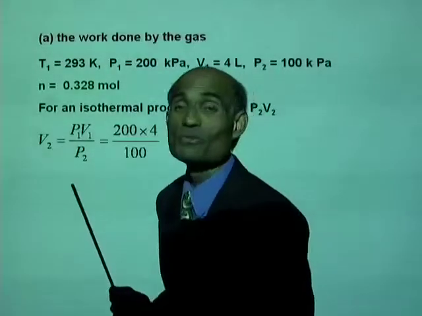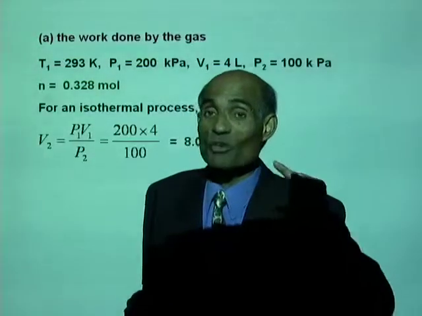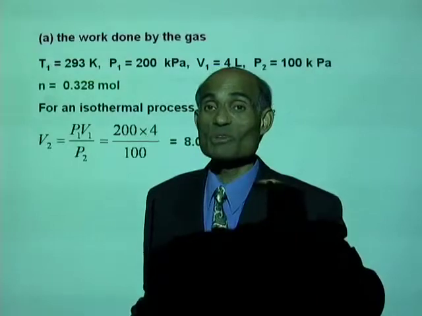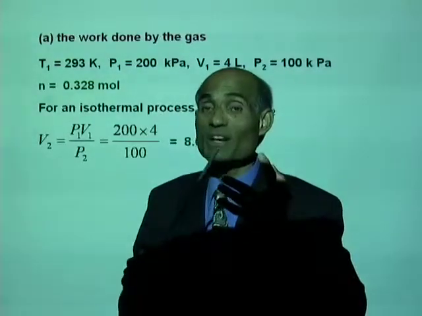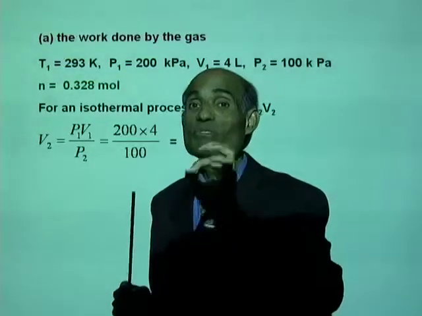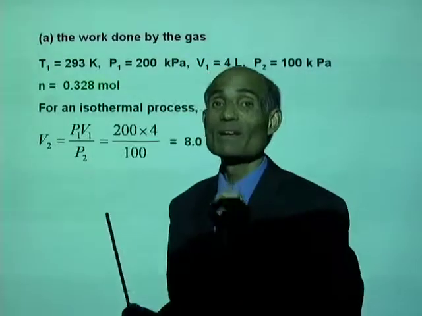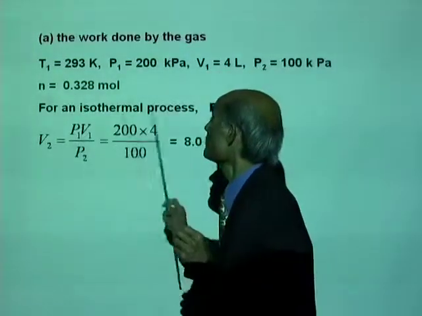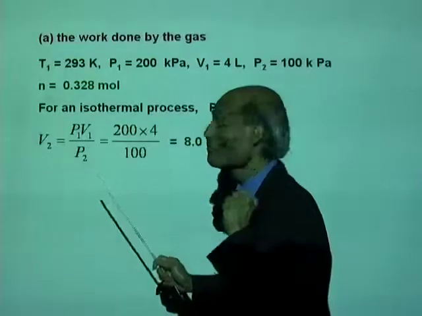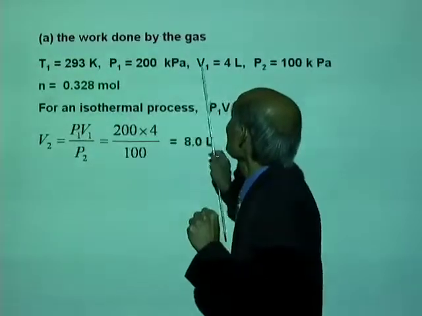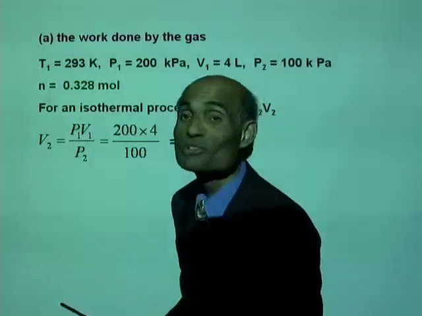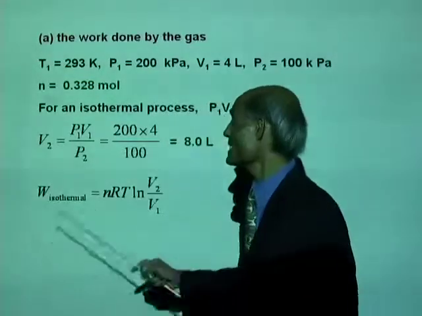And now, if you go back to the equation for the work done in an isothermal process, nRT ln V2 over V1. We've got the temperature, we've got n, the number of moles, we have V2, we have V1. We can now use the equation to calculate the work done.